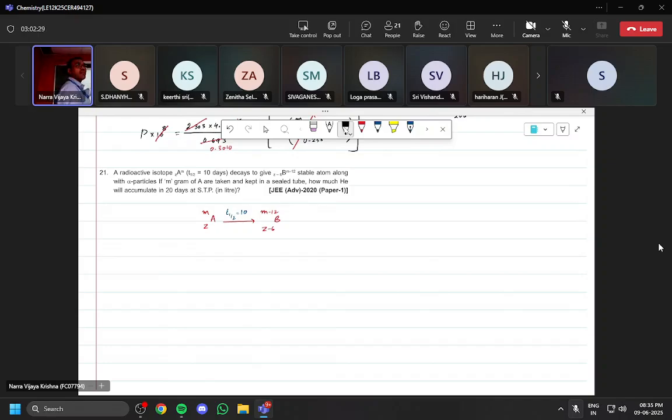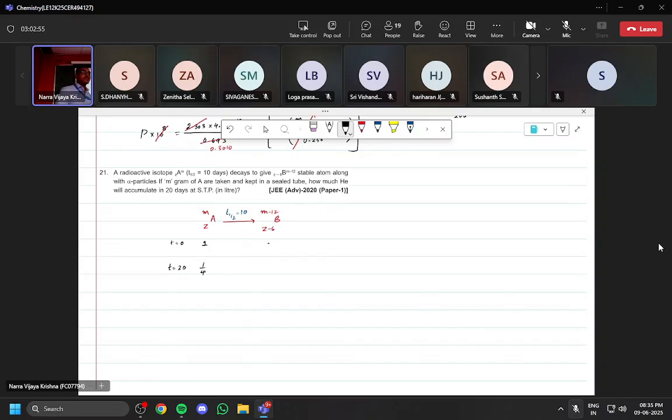The mass number is M, meaning initially you have taken 1 mole. After 20 days, T half is 10 days, so 20 days means 2 T halves. In 1 T half, it becomes half. In another T half, another half. So 1 by 4. So it becomes 1/4.